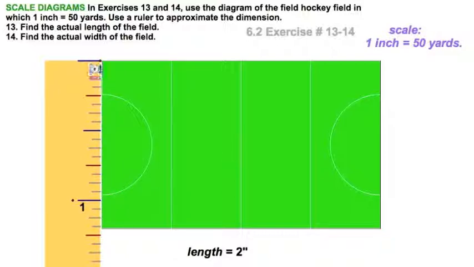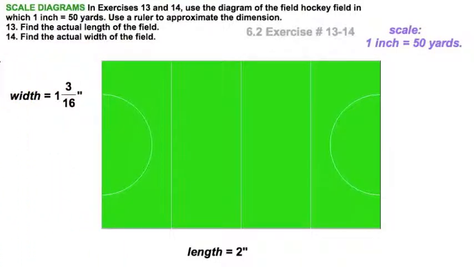And that's a 1/16 inch. So the smallest division that we have here is 1/16. 1, 2, 3 1/16. So my width is about 1 3/16. Notice I'm saying about, so I'm not 100% confident in these measurements.